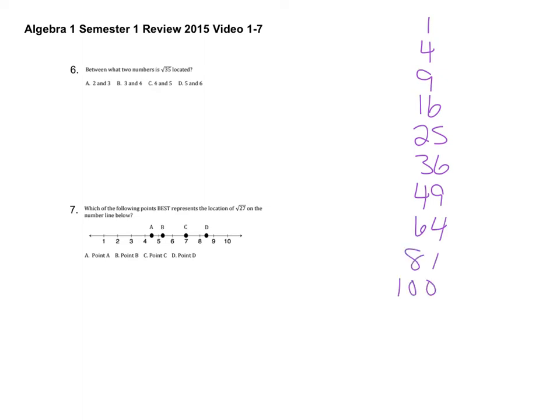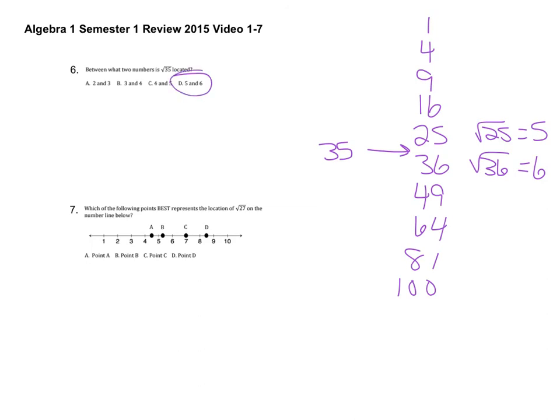That's just the basic ones. You can go farther. And we asked ourselves, where is 35, right? 35 is located between 25 and 36. Well, the square root of 25 is what? 5. And the square root of 36 is 6. So the square root of 35 has to be between 5 and 6.